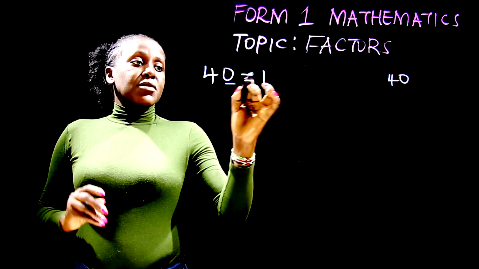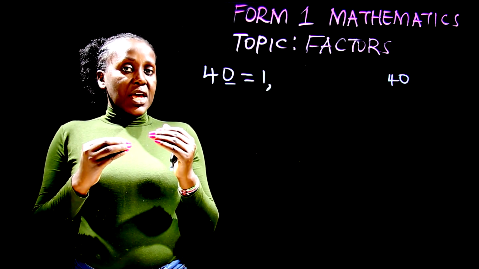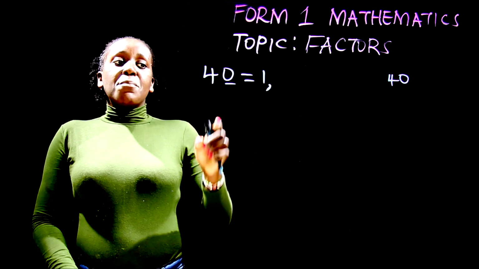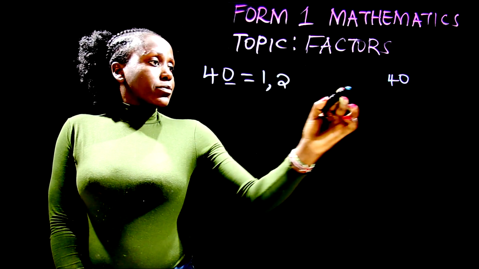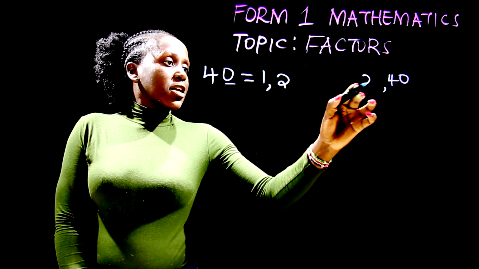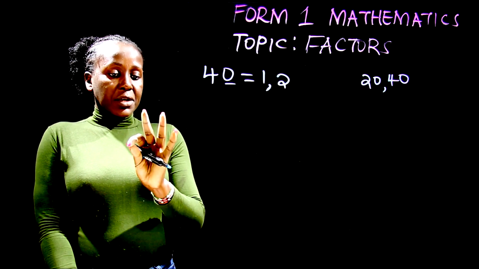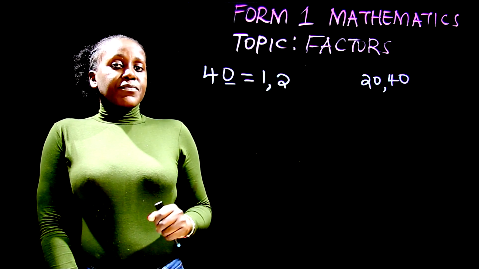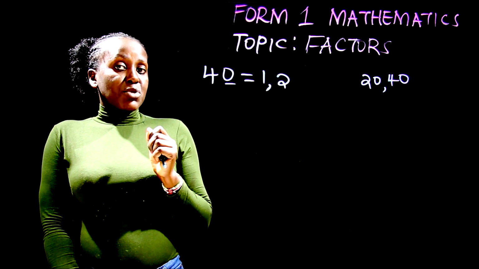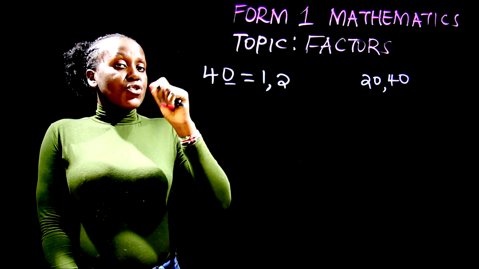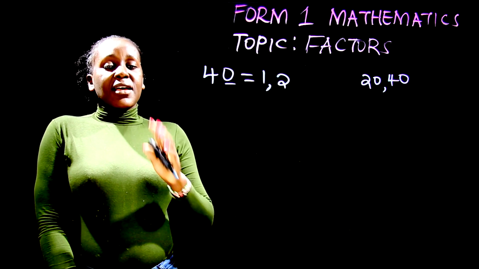We proceed. We test 2. 40 divided by 2 is 20, meaning that the next factor of 40 is 2 and the other one is 20. Let's proceed to 3. 40 divided by 3, is it divisible? No. So 3 is not a factor of 40.